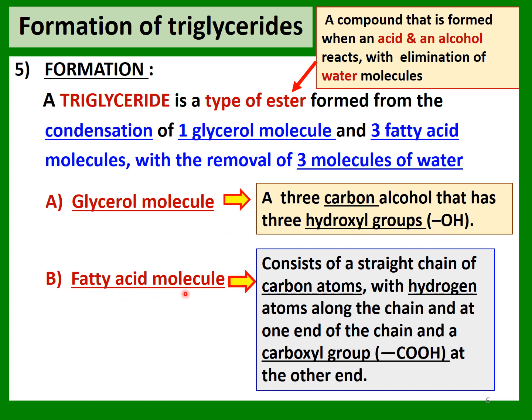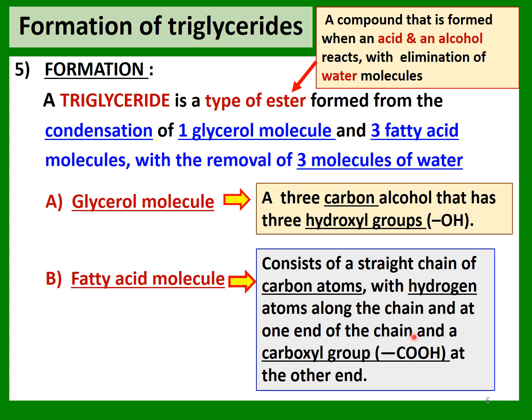Then the fatty acid molecule has 3 parts. It consists of a straight chain of carbon atoms with hydrogen atoms along the chain, because the hydrogen binds to the carbon atoms all along the chain. At one end of the chain you have a hydrogen atom, which binds with the carbon atoms.